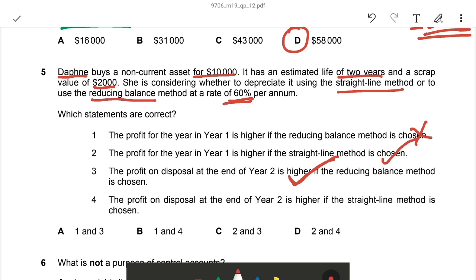Fourth, the profit on disposal at the end of year 2 is higher if the straight line method is chosen. No, the straight line method uses an equal amount of depreciation every year. So it is not higher. So the correct options are 2 and 3. So A, B, C is the correct answer.